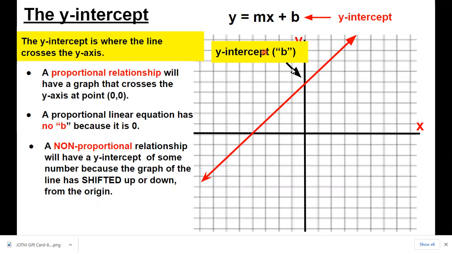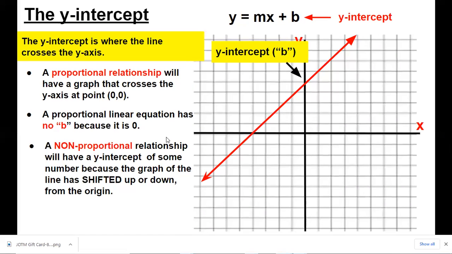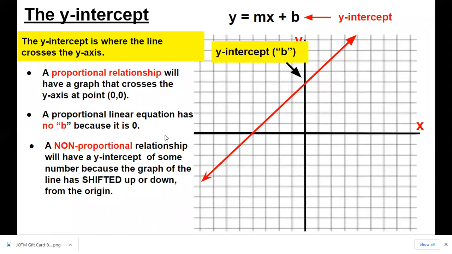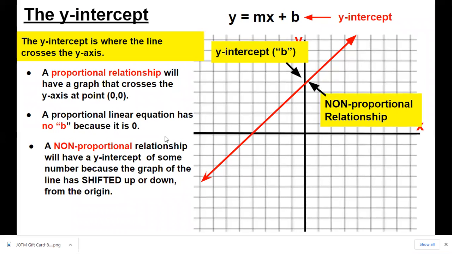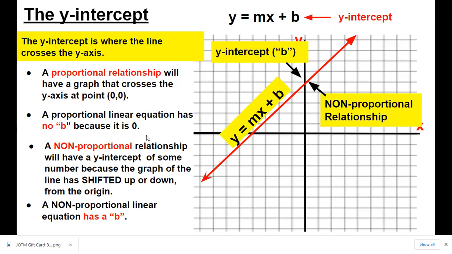It's at 5 now, isn't it? It's shifted up 5 units. Non-proportional relationship. Okay, you have some entrance fee or some bowling shoe fee. A non-proportional linear equation has a b. y equals mx plus b. m being the slope, b being the y-intercept.